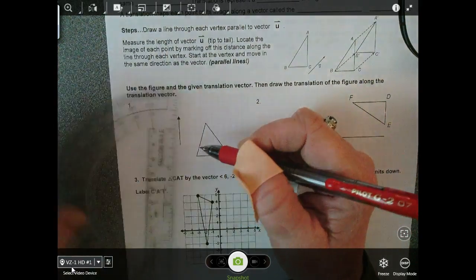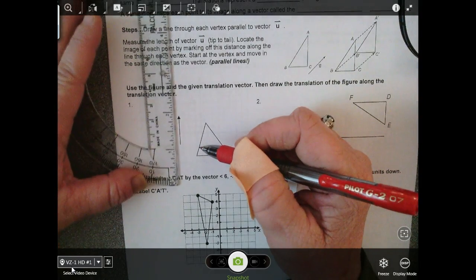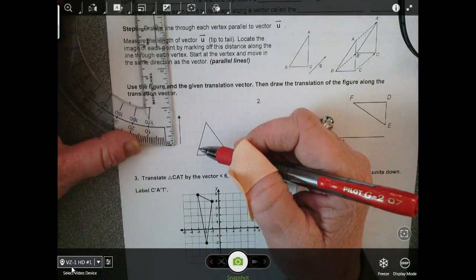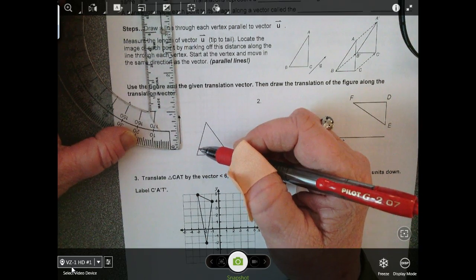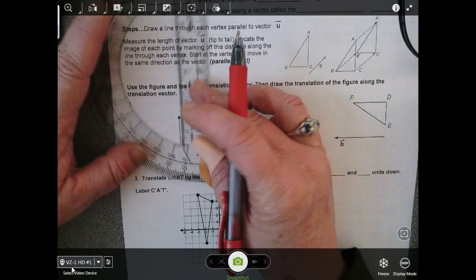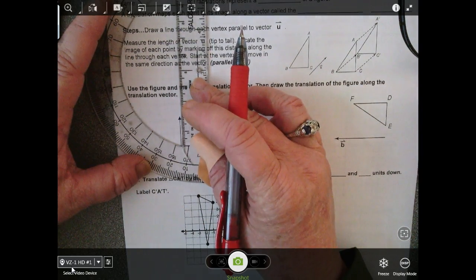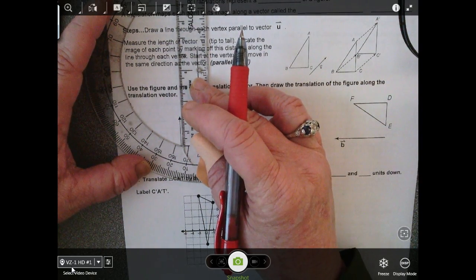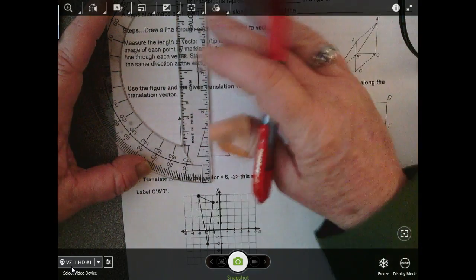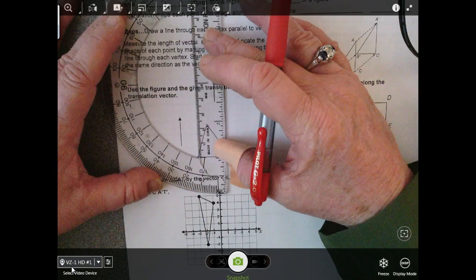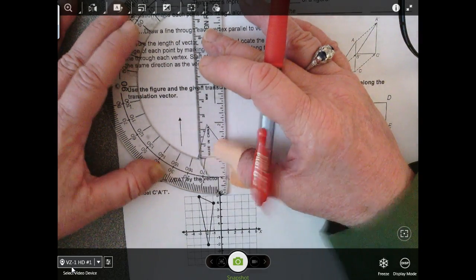Take your ruler and measure how big that vector is. I think I'm going to use the centimeter side. I got 2 centimeters. You with me? I'll use the tiny marks, please. So it's 2 centimeters to go to each corner.